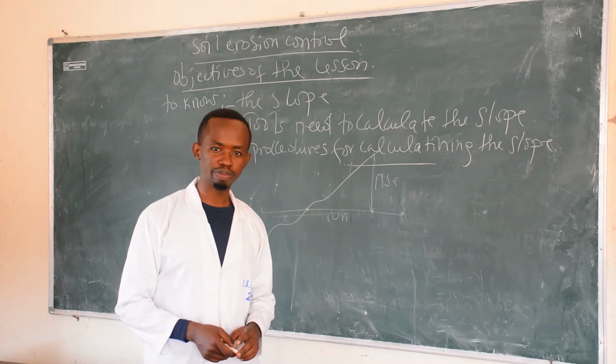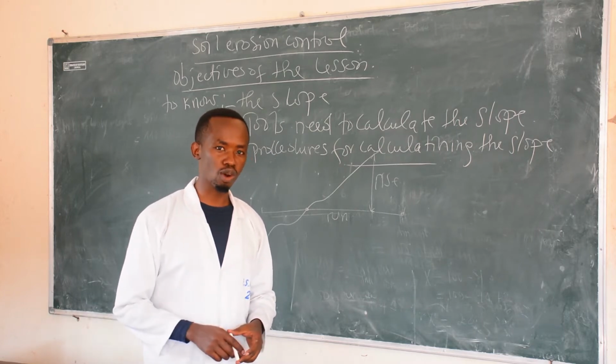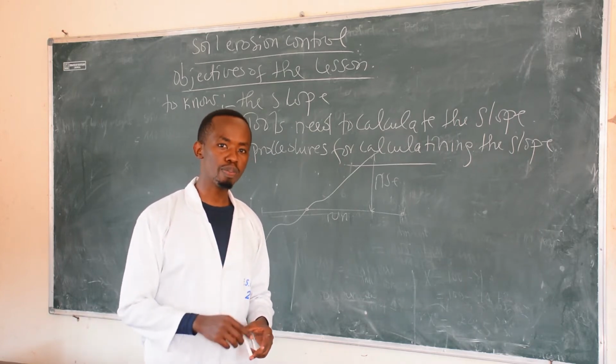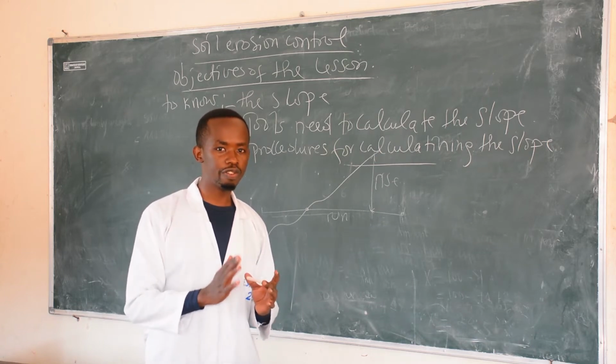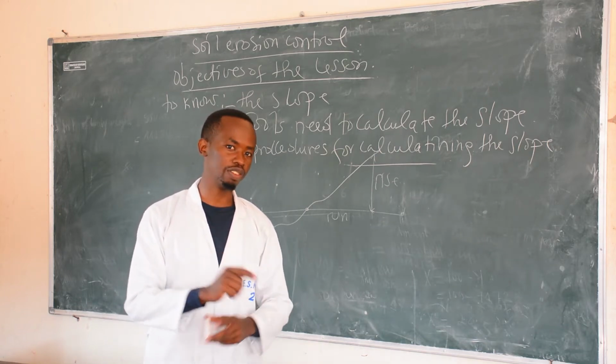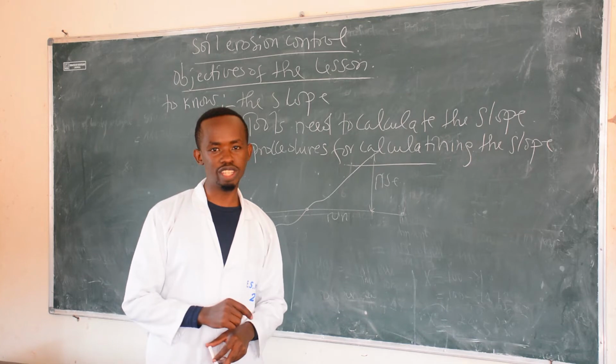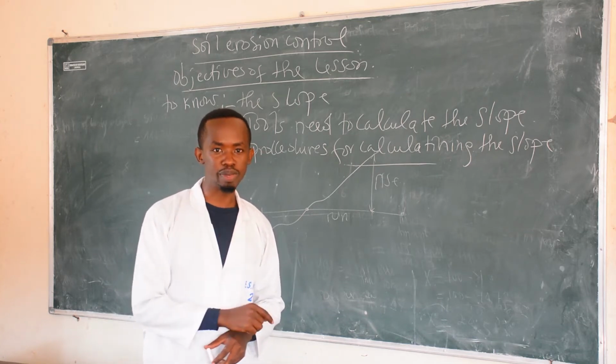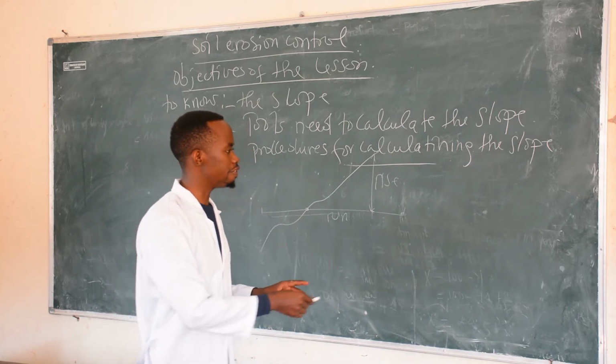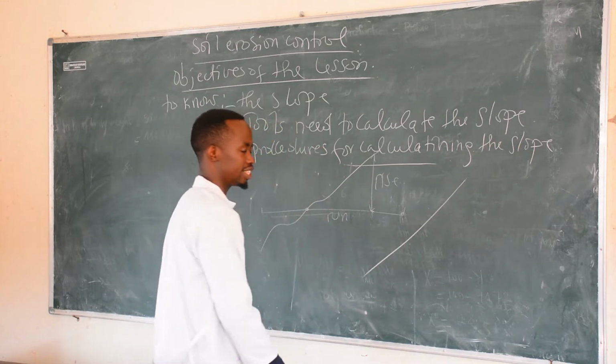Okay, now, students, what is the slope? The slope of any field is the difference between the lies and the land of that field. What does this mean? Suppose that we have a field here which is like this.